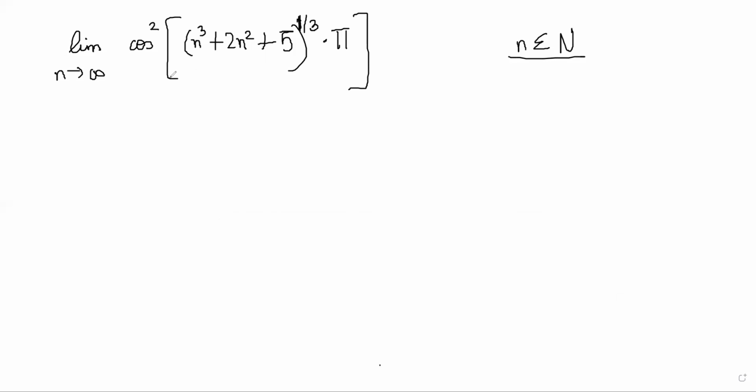So cos square of some angle. This part we have to figure out a little bit. N cube plus 2n square plus 5, to the power 1 by 3, we have to figure out.